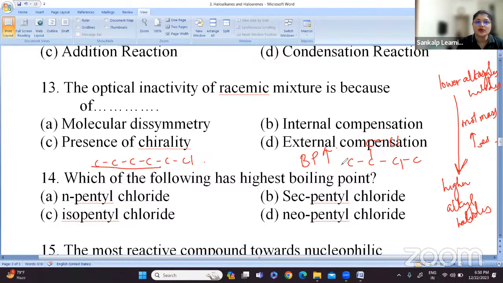As branching increases, the surface area goes on decreasing, so the boiling point also decreases. So a straight chain compound will have a higher boiling point. So n-pentyl chloride. When we are talking about boiling point, these are the things you need to remember. Is it correct? Is it fine?